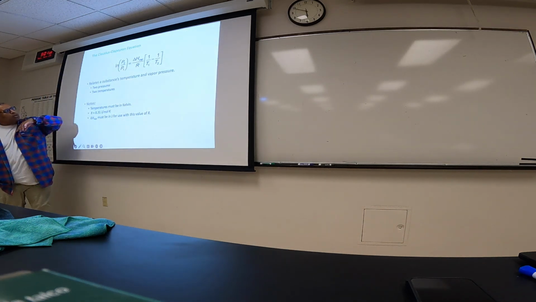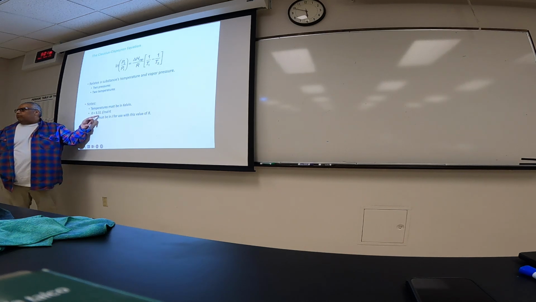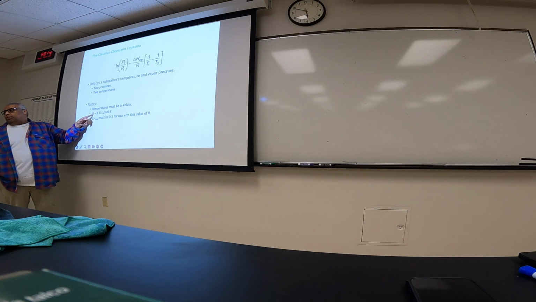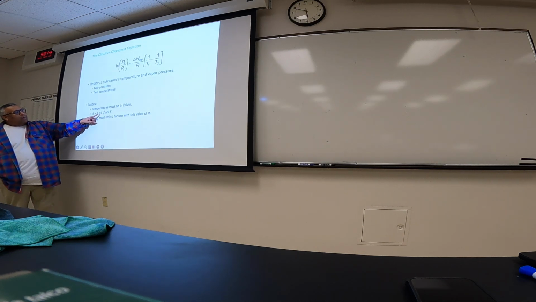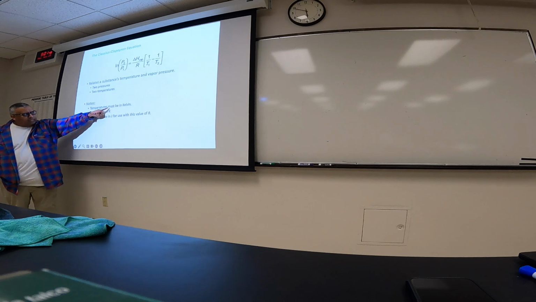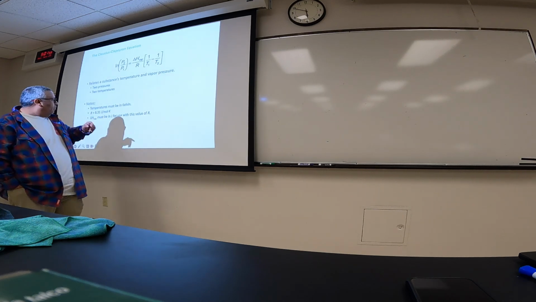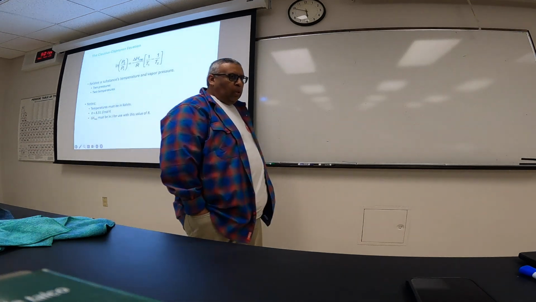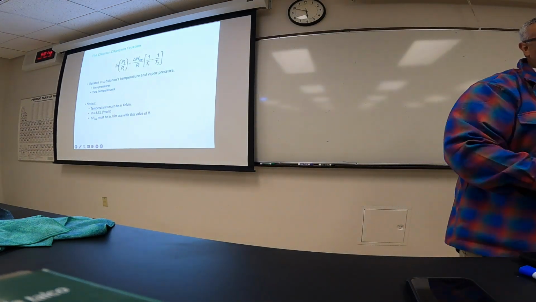Because we're talking about enthalpy, our R constant is going to be 8.314 joules per mole Kelvin, not 0.08206, which is used for the ideal gas law. Temperature has to be in Kelvin, and our enthalpy of vaporization is going to be in joules in order to use that R constant.